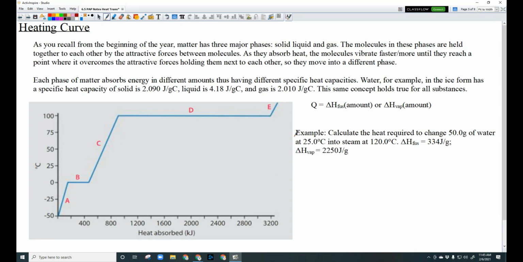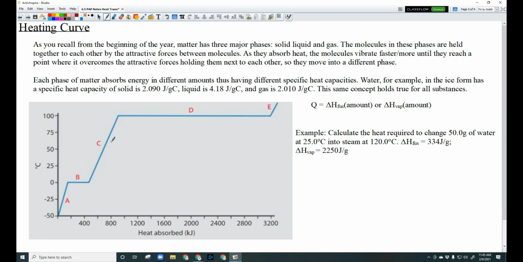All right, so here's a typical problem that you may see. It says calculate the heat that's required to change 50 grams of water at 25 degrees Celsius to steam at 120 degrees Celsius. We have to look at the heating curve because we're going from liquid to steam.